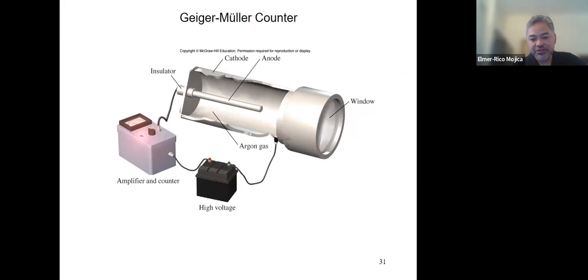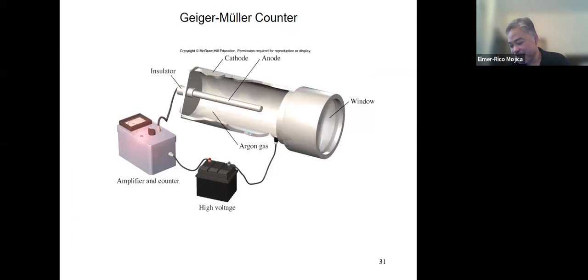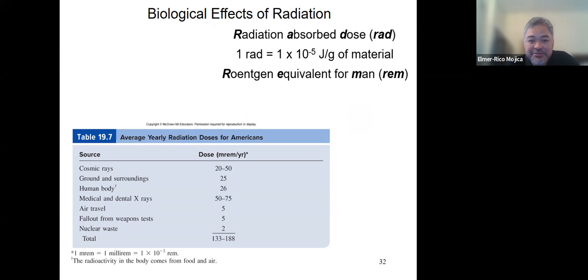Okay. So the way that they determine the amount of radioactivity, they use the so-called Geiger counter. Geiger was a student of Ernest Rutherford. Now, whether you like it or not, every year we are exposed to radiation. Usually the amount of radiation that we receive is measured in terms of rem, the Röntgen equivalent for man.